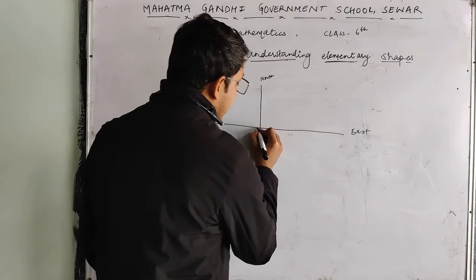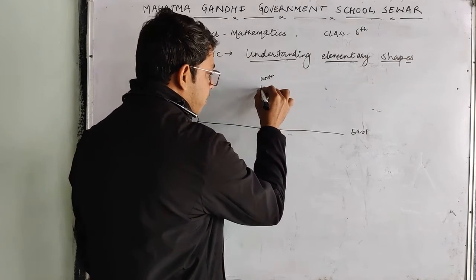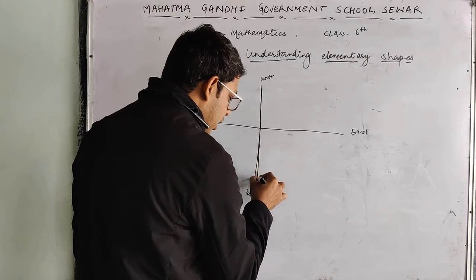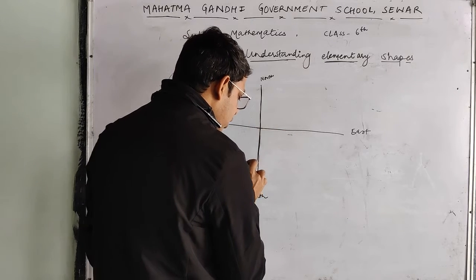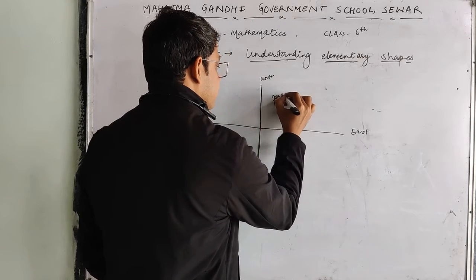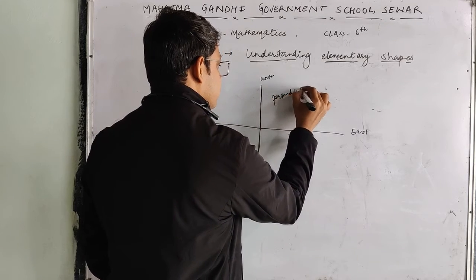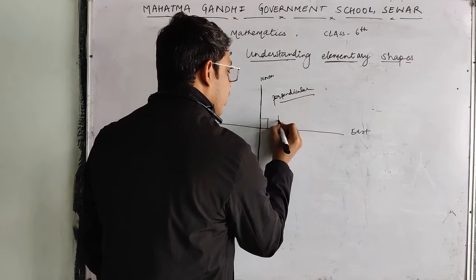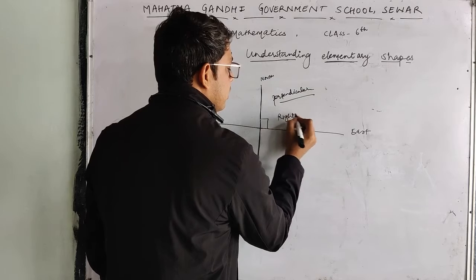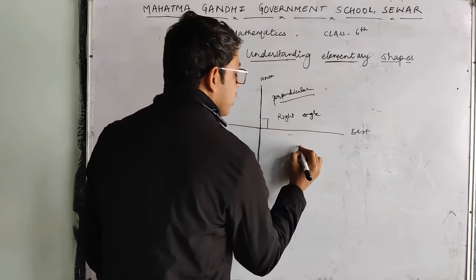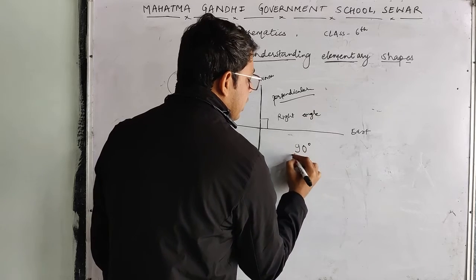If any line is coming and cutting or placing the other line perpendicularly, then such angles are called right angles. Right angles mean it should measure 90 degrees.